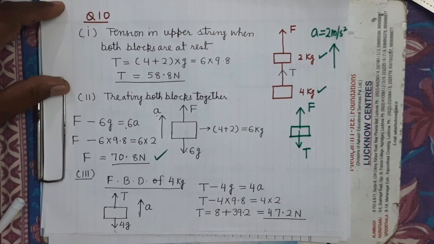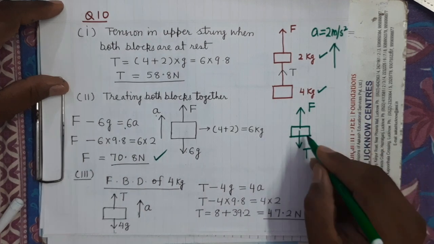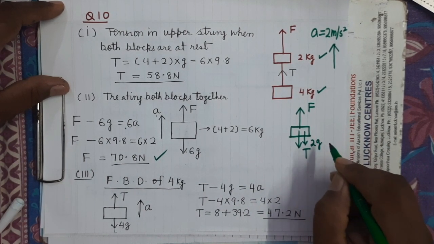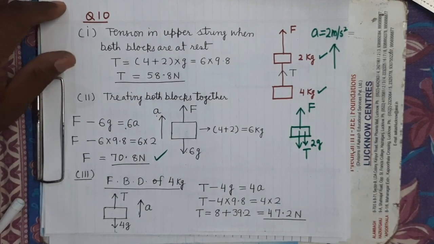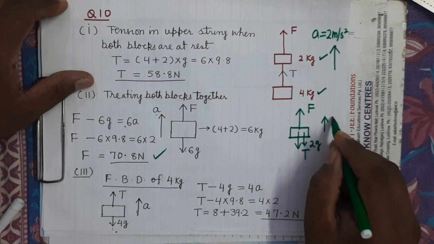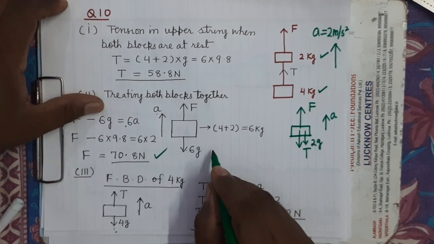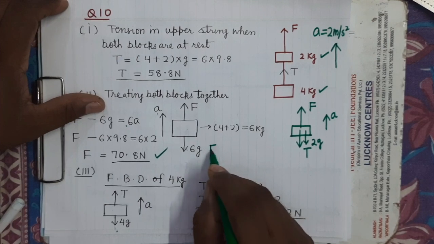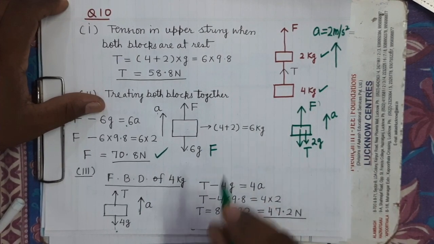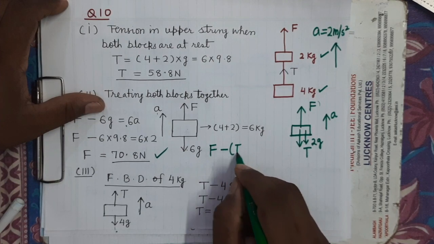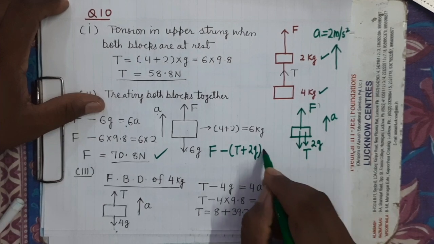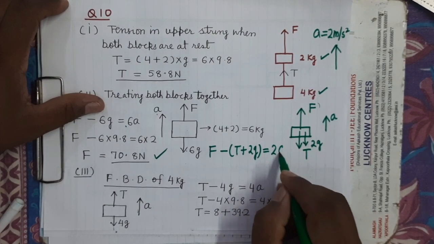And one more force is acting here, that is the weight, which is also acting in the downward direction, and the block is going upward with acceleration A. So what will be the equation of motion? Since it is going upward, F will be bigger than T and 2g. So F minus T minus 2g equals its mass 2 into acceleration A.